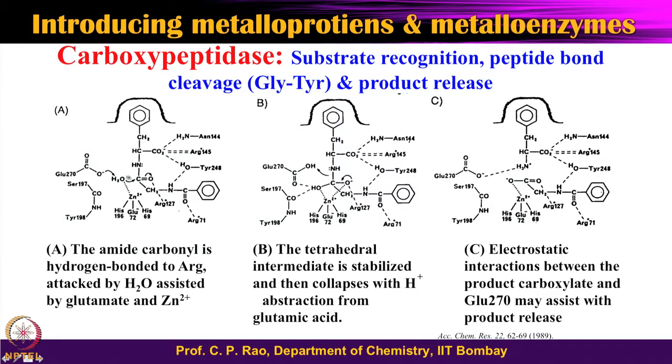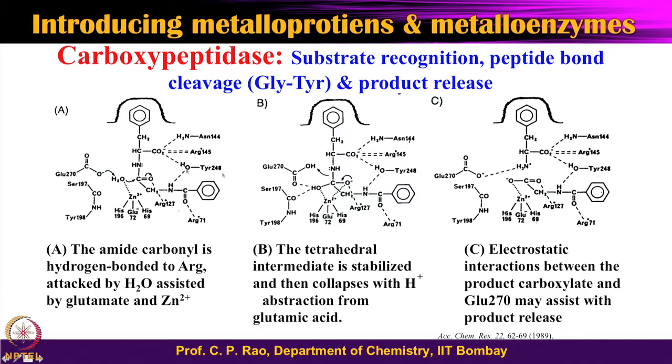So this is activated by this glutamate, and this glutamate will make the hydroxide, and then you can have either a zinc bound water which is activated by glutamate, or a simple water which is activated by glutamate, but finally the attack is on the carbonyl of the peptide, and this is a nucleophilic attack. So this is how it recognizes.